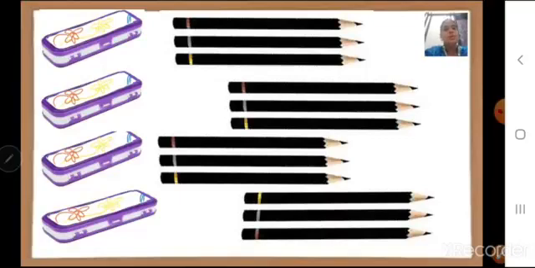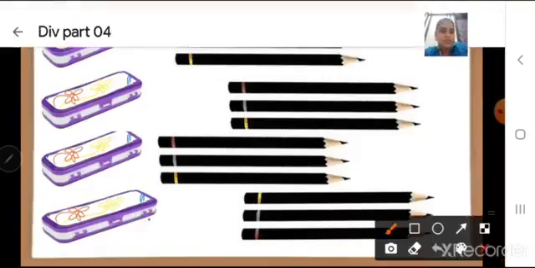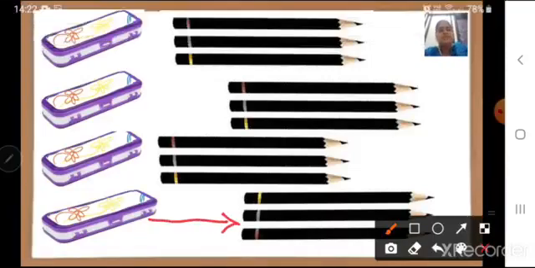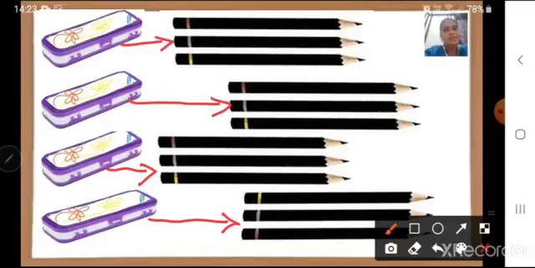Can you see children here? There are 4 boxes. Okay. And there are pencils. Now children, here each box has 3 pencils. It is given. Now this box, the first one, will have 3 pencils. The next one 3 pencils. Then again the next box will have 3 pencils and the last one also 3 pencils. So all the boxes will have 3 pencils.